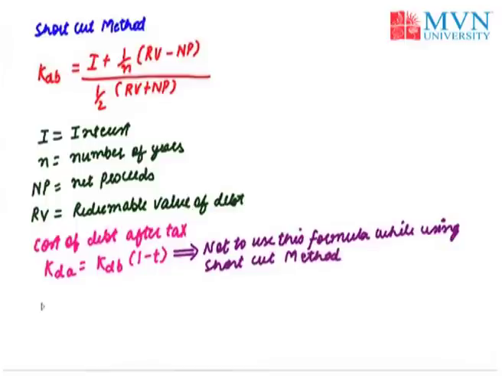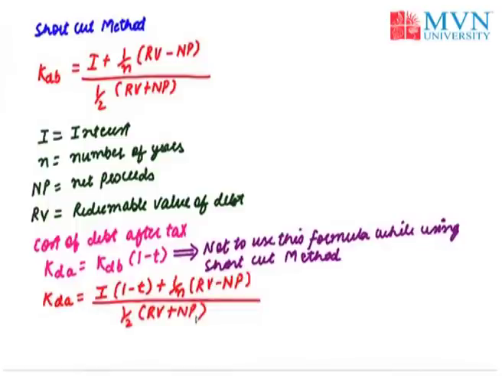In the shortcut method, there is a separate formula for calculating cost of debt after tax, and that formula is I(1 minus T) in place of I, and the rest of the formula is the same as above. So instead of multiplying (1 minus T) with the whole formula of cost of debt before tax, you need to multiply (1 minus T) with the interest only.